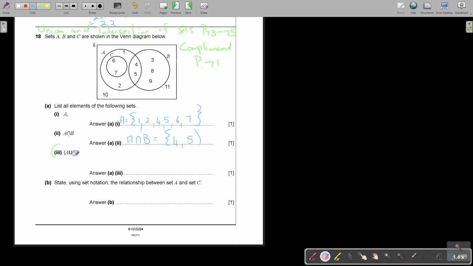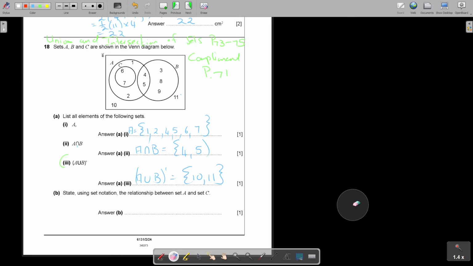Then question number B, state using set notation the relationship between set A and C. Where will you find subsets? So subsets or sets you will find on page 68 in the y equals mx plus c mathematics textbook.